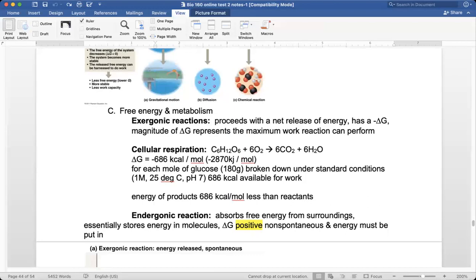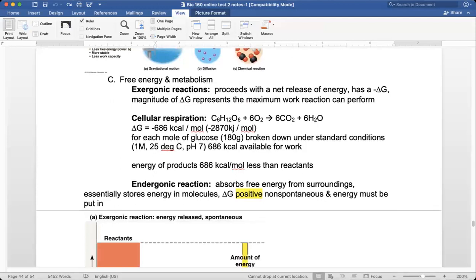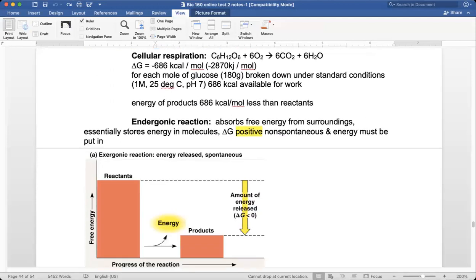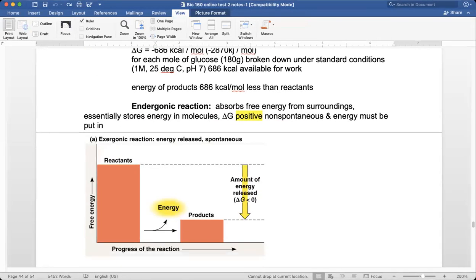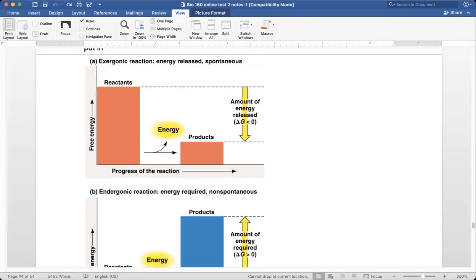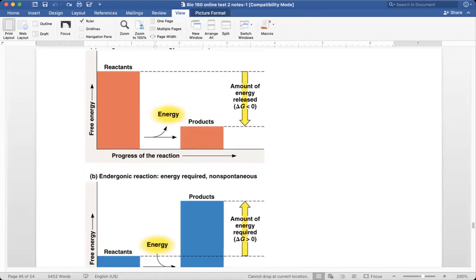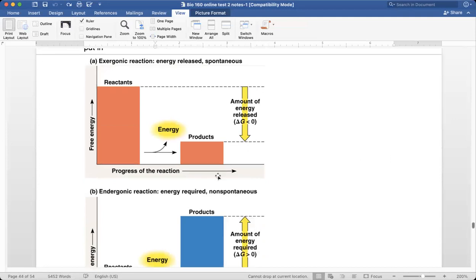An endergonic reaction is one that you have to put energy into, so the delta G is going to be positive. These pictures are helpful in understanding where you come up with this delta G. An exergonic reaction is one where energy is released. It's spontaneous.